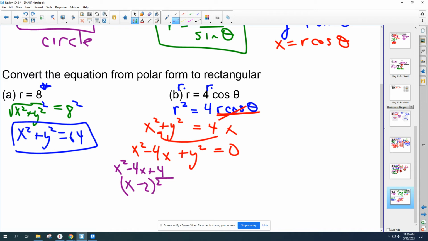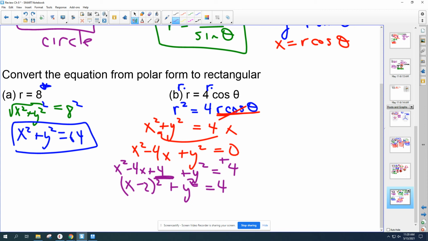Okay. And what? I added 4 out of nowhere, so I'm going to add that 4 to the other side as well. Okay. I've got x minus 2 squared plus y squared equals 4. And you're supposed to notice that that's, I guess that's an oval, right? Oh, no, actually, that's a circle, isn't it?